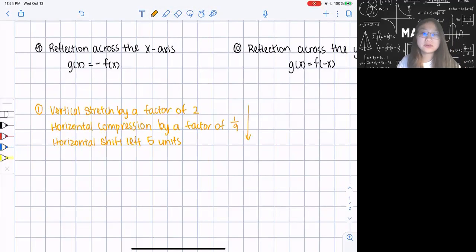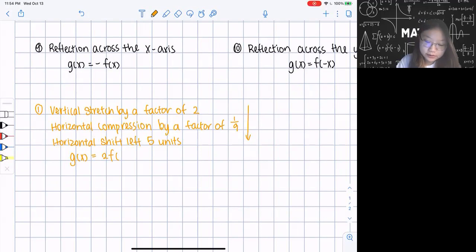What I'm gonna do is that first of all, I'm gonna do my first step, vertical stretch by a factor of 2. So I'm gonna have my g of x here. g of x is representing my resulting function, and I have it equal to 2f of x. But in this case, I'm not gonna just have f of x because I have horizontal transformations.